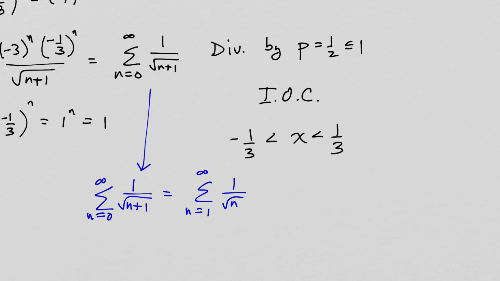And you can pause here and verify for a moment that if you start plugging in the numbers 0, 1, 2, 3 here, it will be the same as plugging in the numbers 1, 2, 3, and 4 here. So these series are exactly equal to each other. And this, of course, is a p series with p equals 1/2, right? Which is less than or equal to 1, therefore diverges.